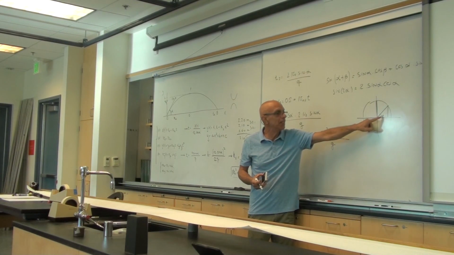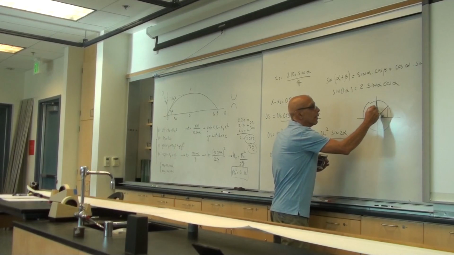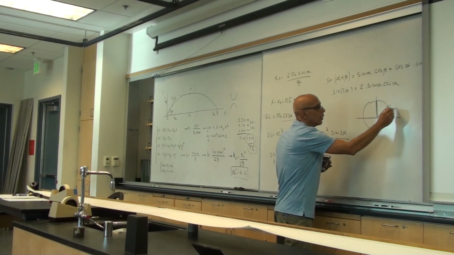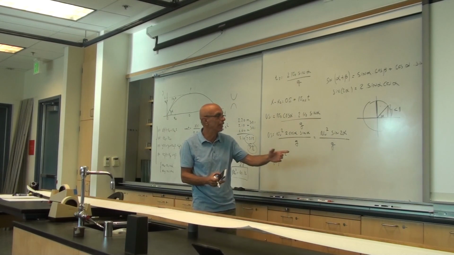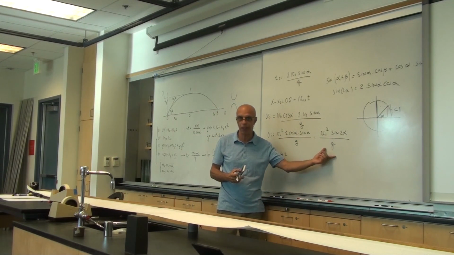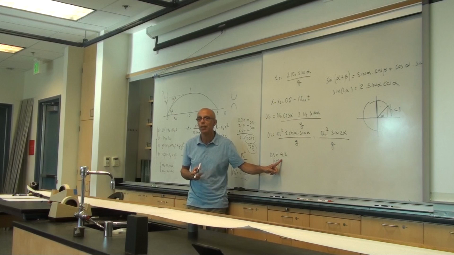So if I say 60, this height is going to be less than 1. If it's less than 1 times this divided by that, it's going to give me a number lower than 4.2.